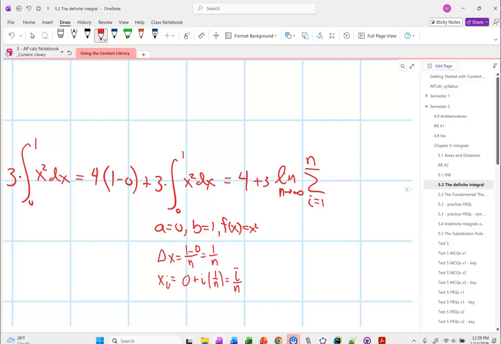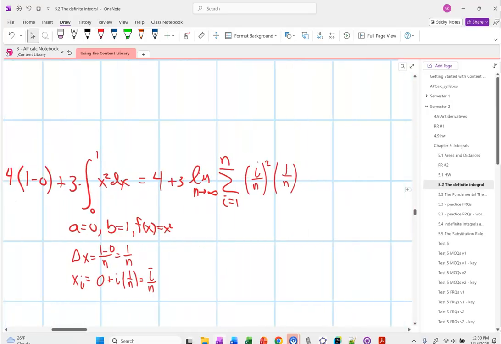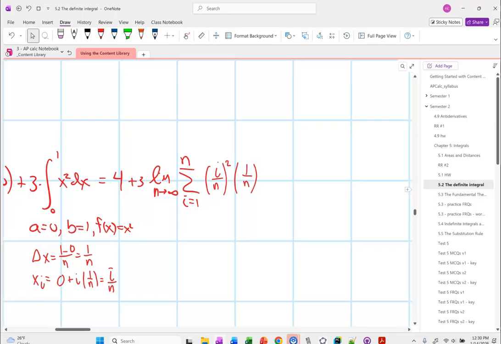So now I have f of x i. Remember, f of x is x squared, so I'm going to have i over n squared, and then times delta x. So far, so good. If I simplify this together, I get i squared over n cubed, right? Notice the summation depends only on i.